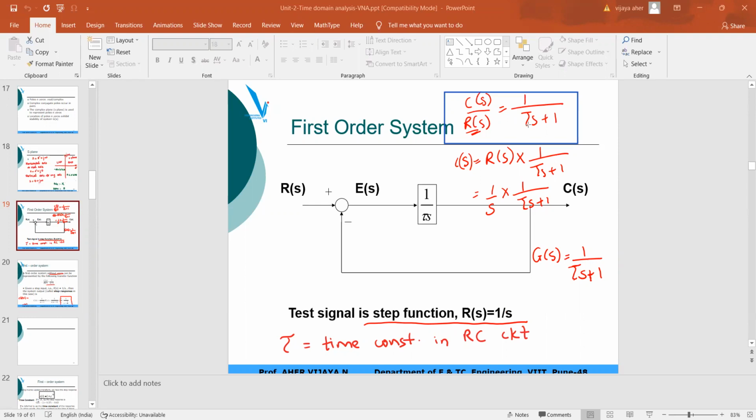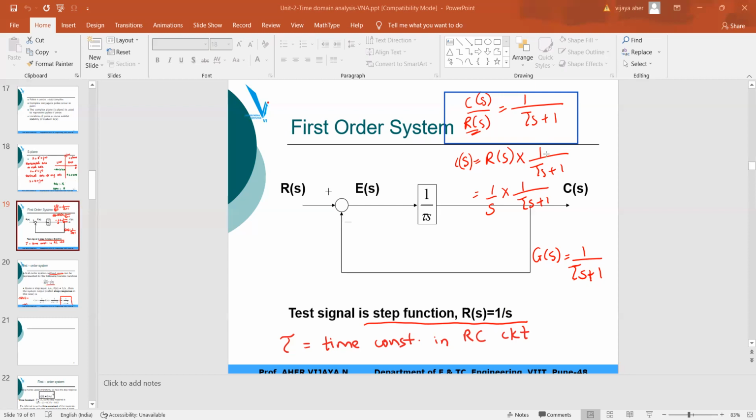Okay. Now, see the step response for this first order system. Apply step input. So what is the equation for step input? R of s is equal to 1 by s. So I applied step input over here, R of s equal to 1 by s, which is nothing but your step input. So your equation becomes like this. C of s, the output, is equal to R of s into this term as it is.